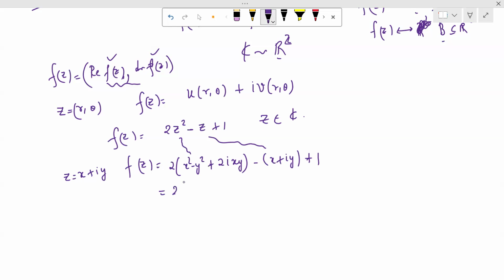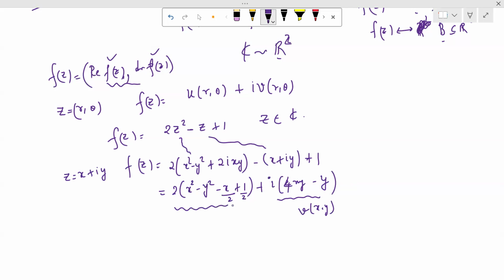So overall I can write it in this form: x square minus y square minus x plus 1, and plus iota times 2xy. Sorry, this will be 4xy by the way. And this will be minus y. Is that fine? So this is your v(x,y), and this is your u(x,y).